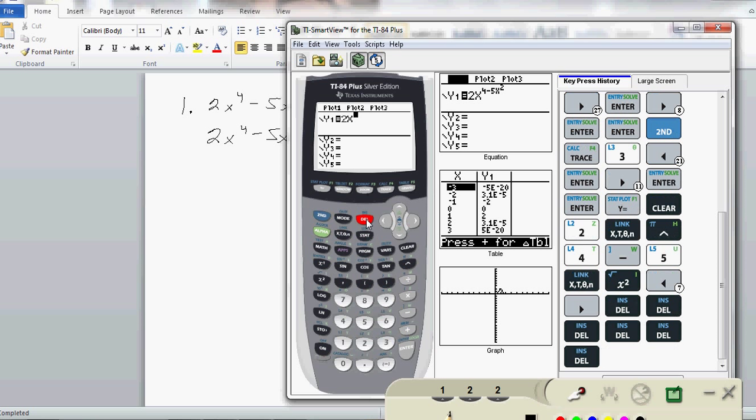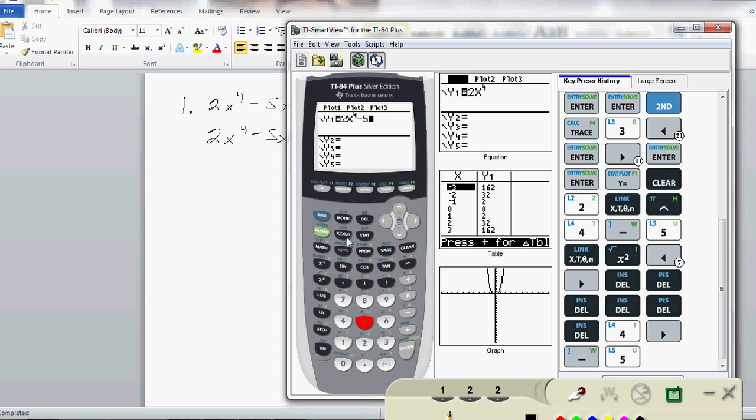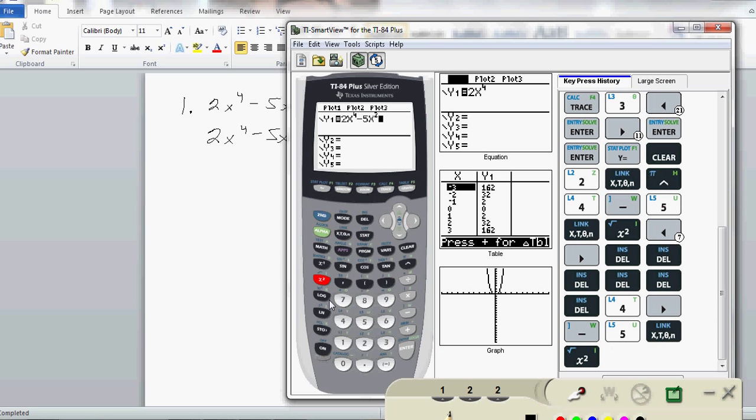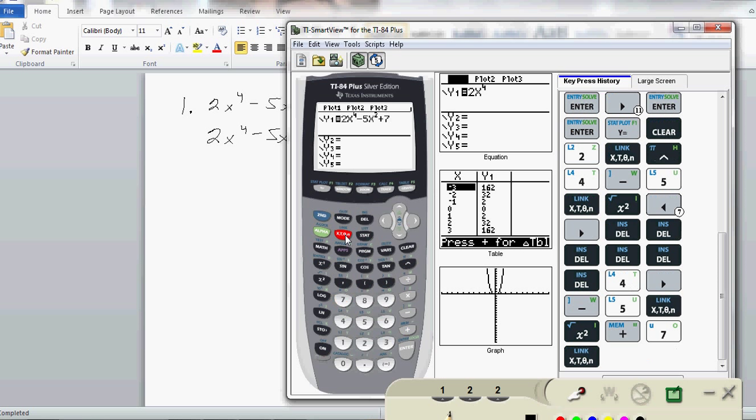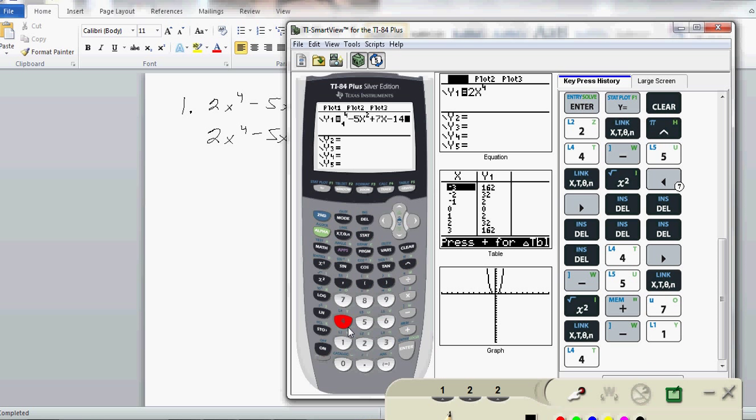So it's 2x to the fourth minus 5x squared plus 7x minus 14. And what we're actually doing is we're trying to find where does it equal 0.